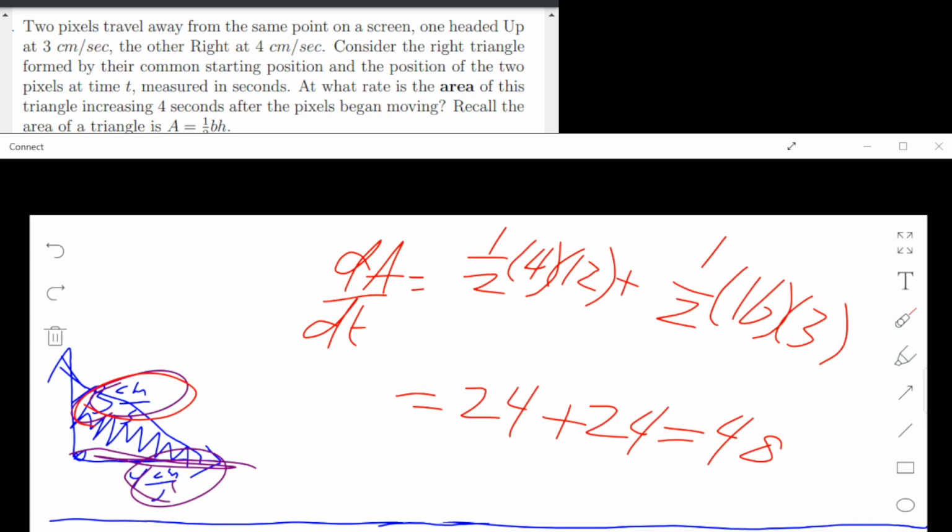It is 48. All right. And what are the units? So this is dA/dt, where we are measuring lengths in centimeters. So this would be centimeters squared per second.